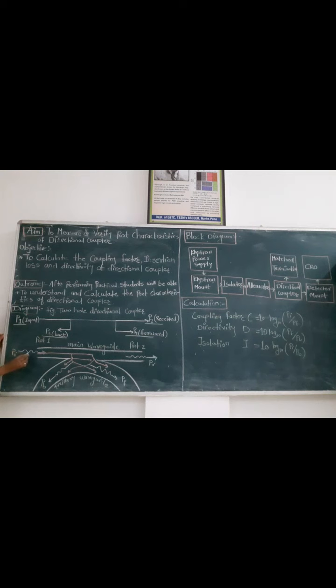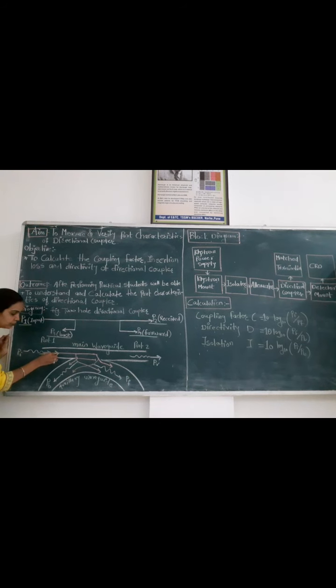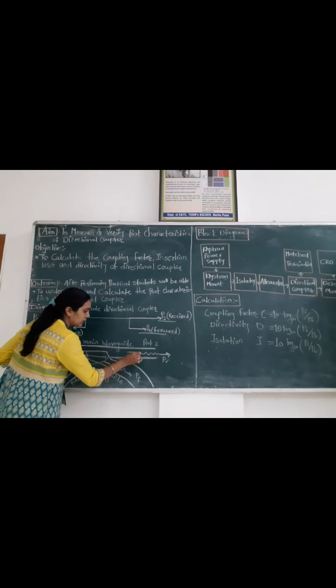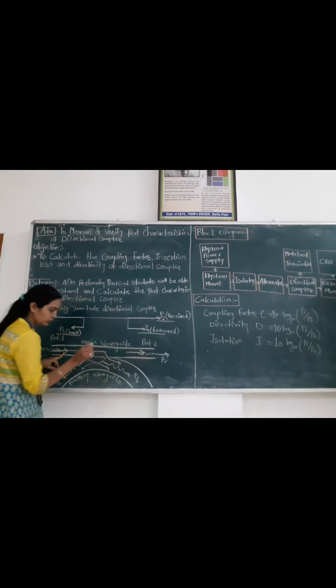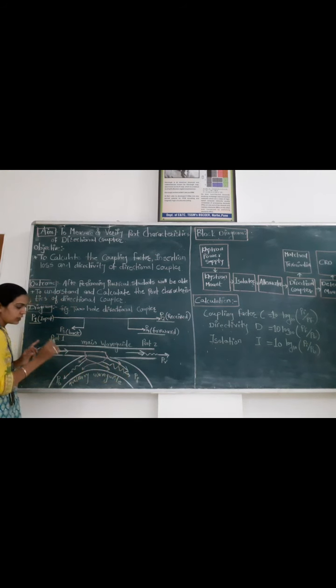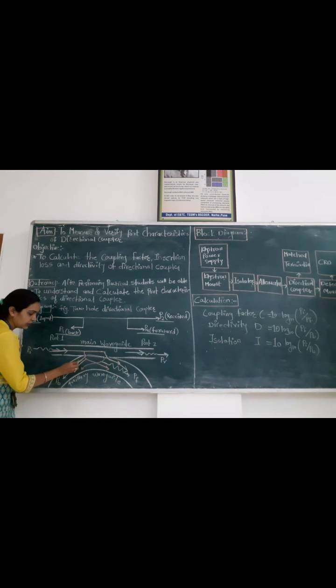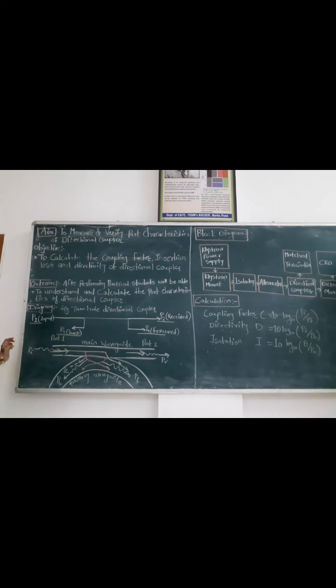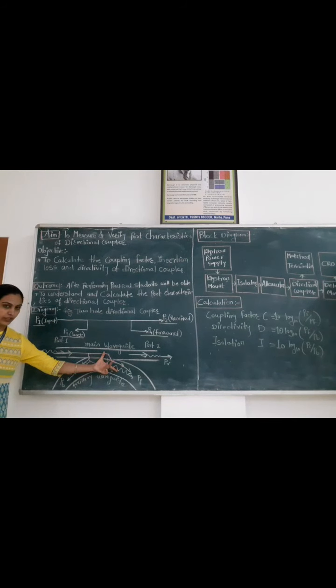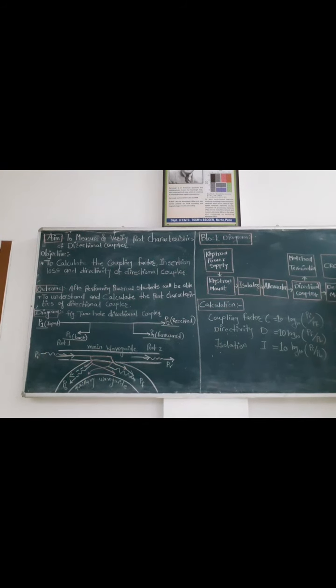The power which is given at port number 1 you will get at port number 2 and at port number 4. Very less part of it comes back at port number 3 in the main waveguide and in the auxiliary waveguide. So this is how a directional coupler works.